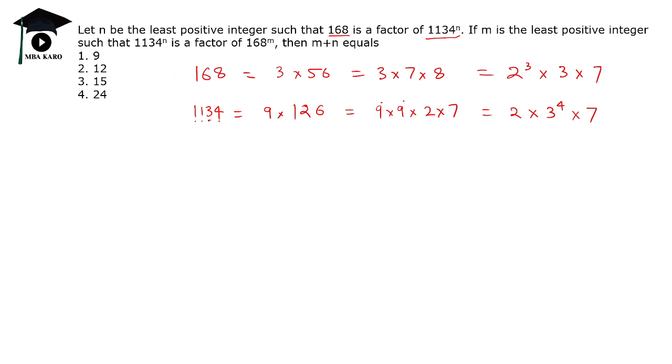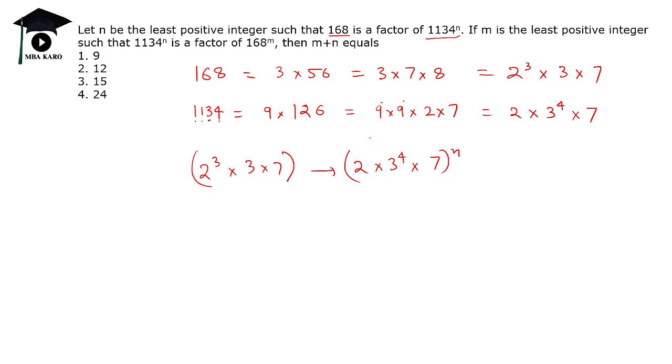Okay. Now 168 is a factor of 1134 raised to the power n, and n should be the least. So 2 cube into 3 into 7 is a factor of 2 into 3 raised to the power 4 into 7, all raised to the power n.